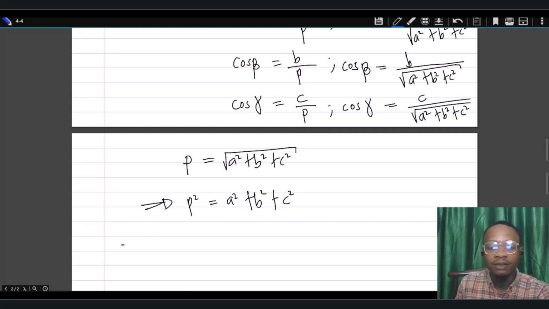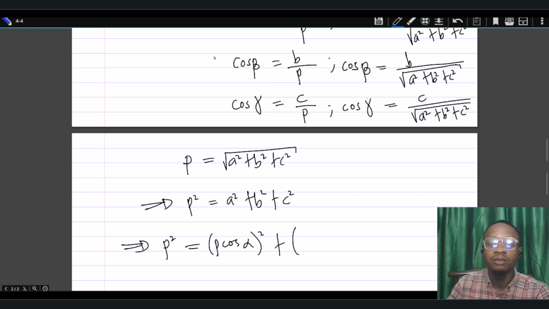If we go ahead, we can simplify this further, just leaving everything in terms of p. A is equal to p cos alpha, so this is p cos alpha all squared. Plus b, and we know b is equal to p cos beta, so this is p cos beta all squared. Then plus c, and we know c is p cos gamma, so this is p cos gamma all squared.